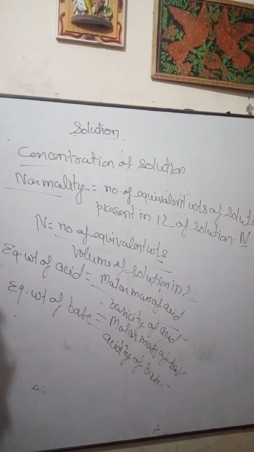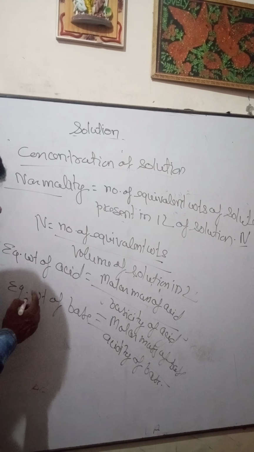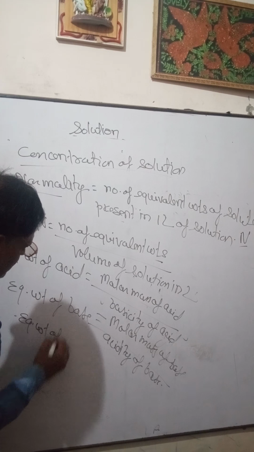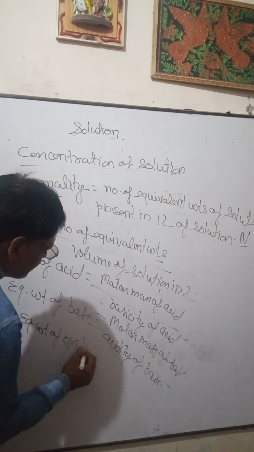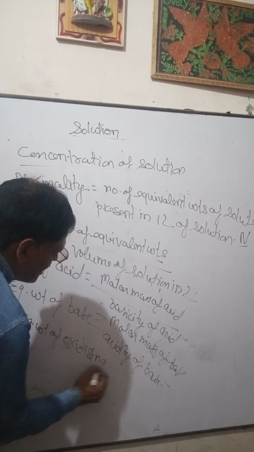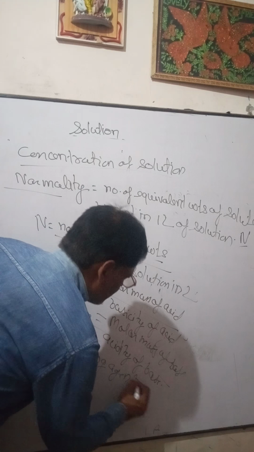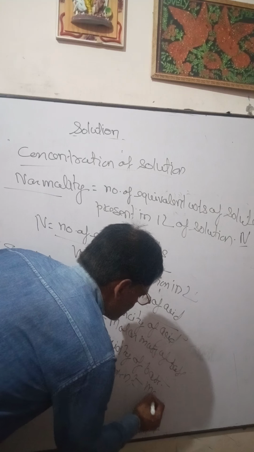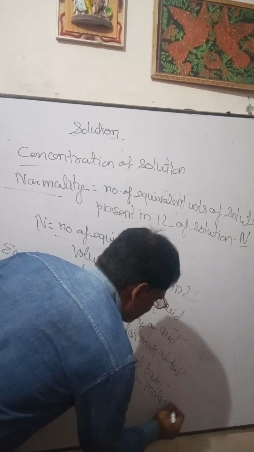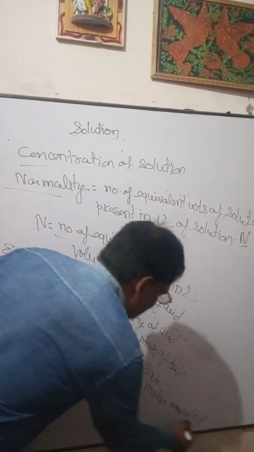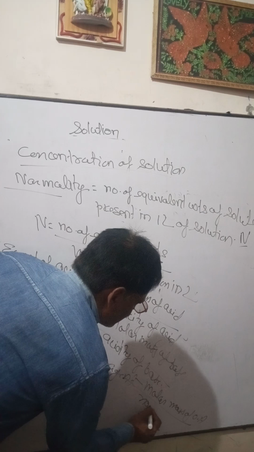In the same way, we can find the equivalent weight of different types of substances, like oxidizing agents. The equivalent weight of an oxidizing agent is calculated by molar mass of oxidizing agent divided by number of electrons received.